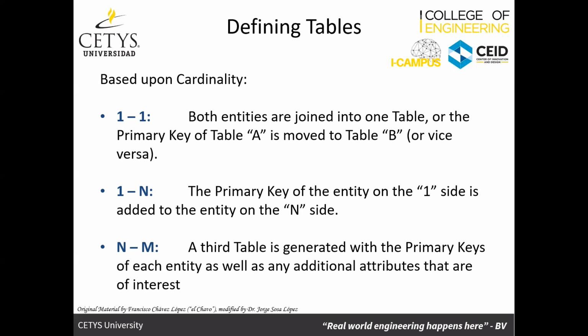And in that new table, I can add other attributes that might be of interest. I can add as many as I want. Another way of looking at it is that when I have a many-to-many relationship, I'm going to create a new entity that is the relationship. And the records in that entity are going to be uniquely identified by the combination of primary keys.